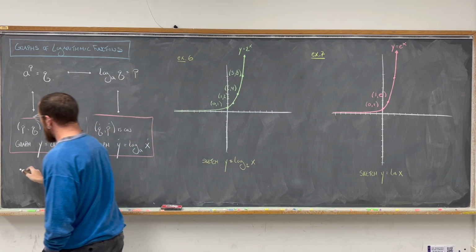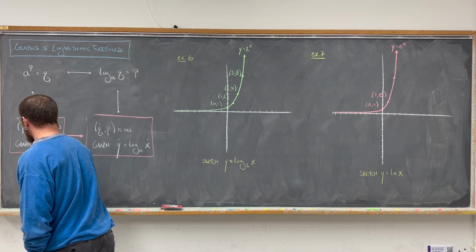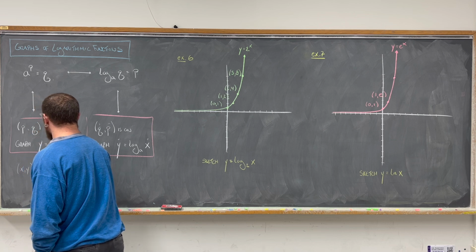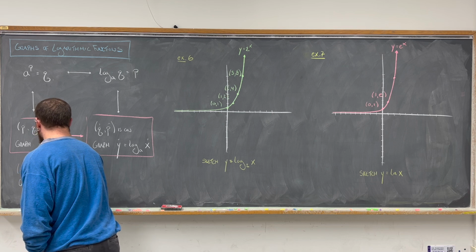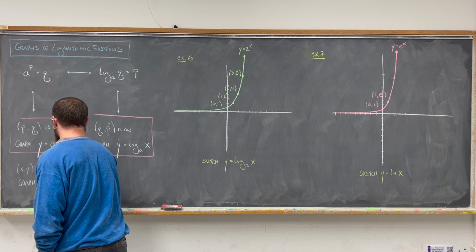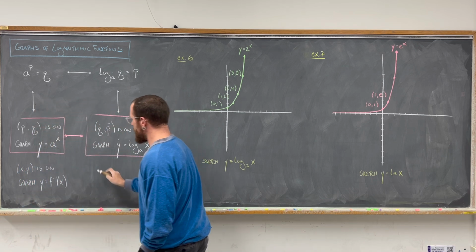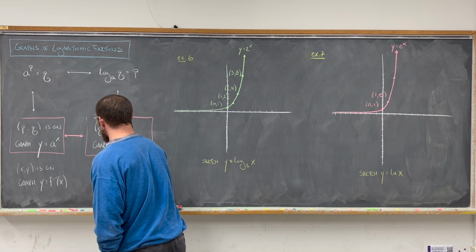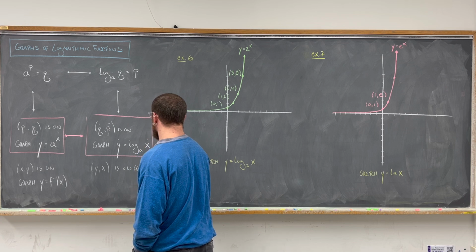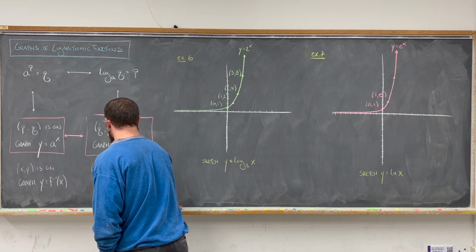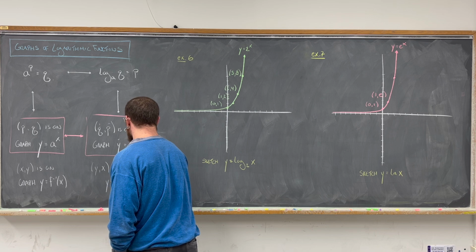Basically, I'm just reminding us of the fact that if x comma y is on the graph of y equals f of x, then y comma x is on the graph of y equals f inverse of x.